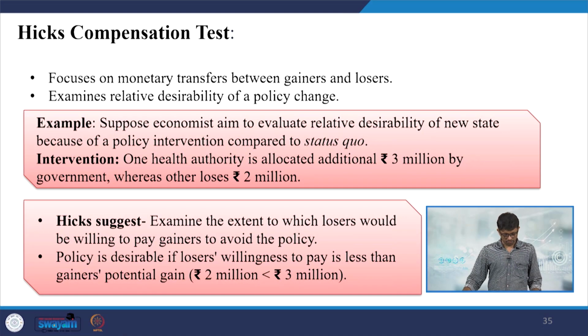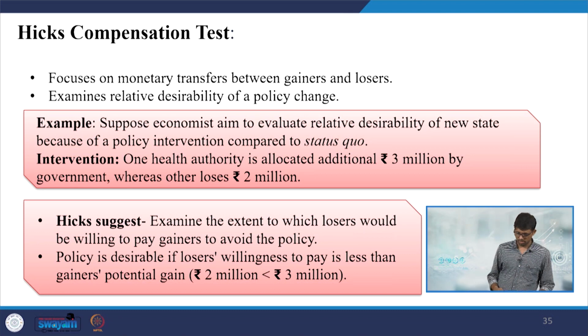Still that is not compensating enough to avoid the government's policy. If it is 2 million but 3 million is allocated, the policy is desirable if the losers' willingness to pay is less than the gainers' potential gain. So when 2 million is given by the losers, in that case the policy is still desirable.